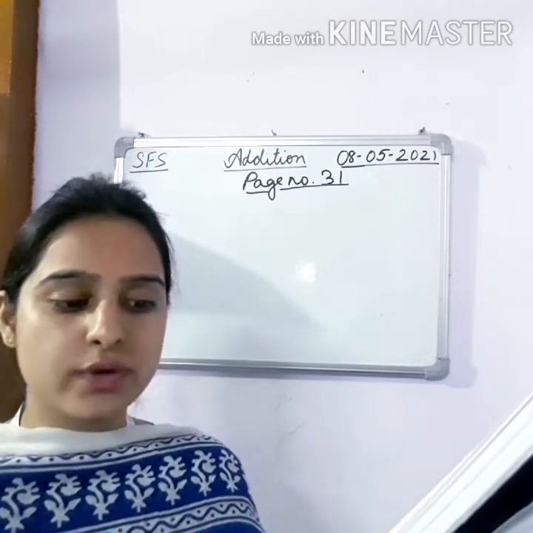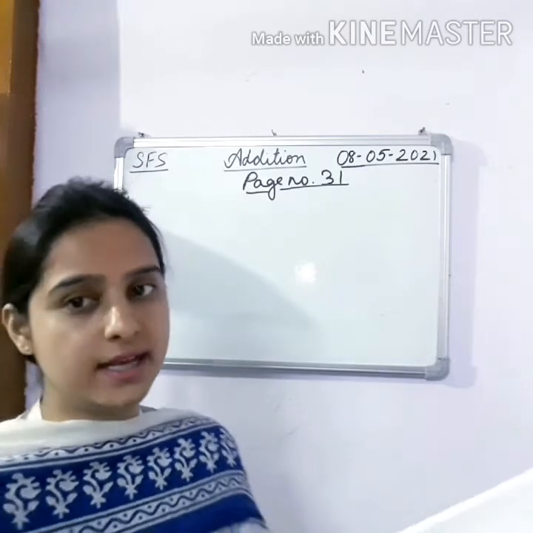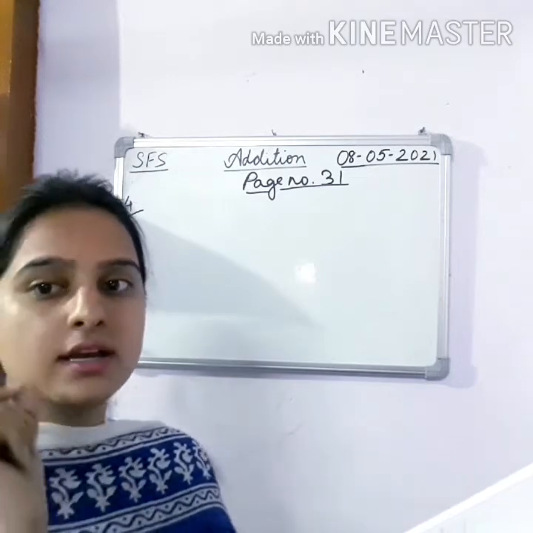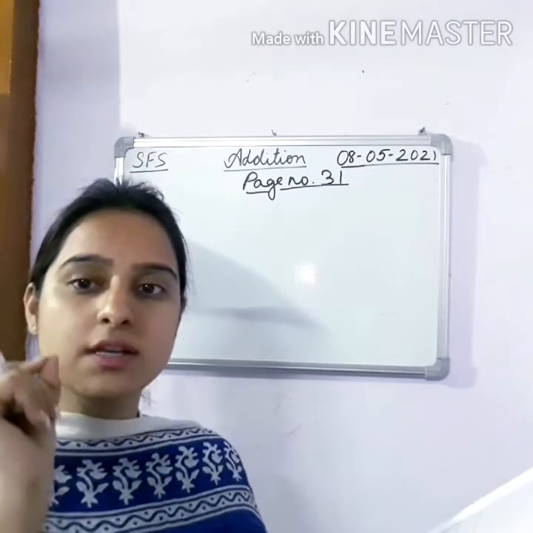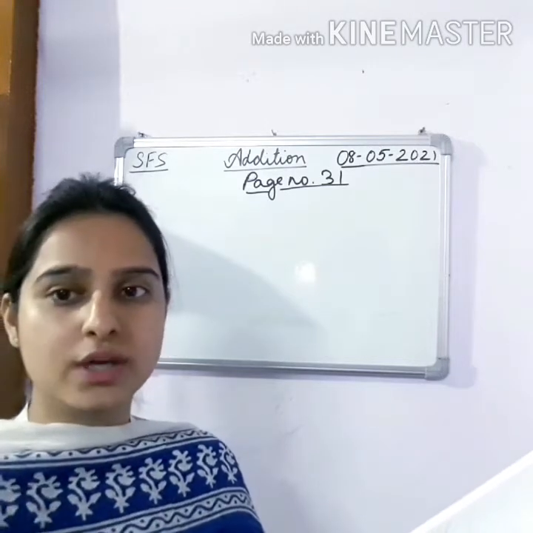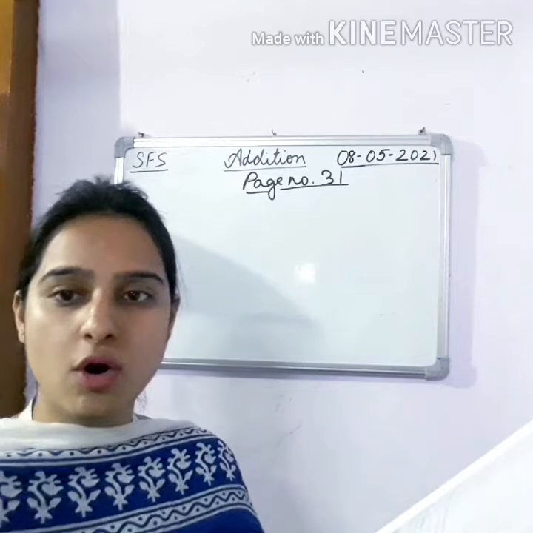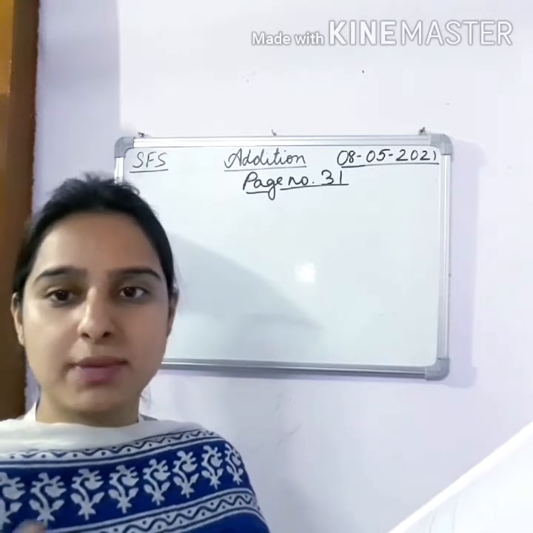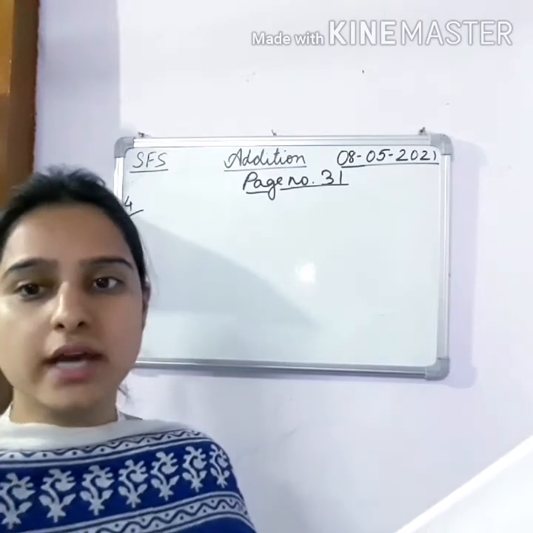How many tickets were sold in all on Sunday? What word is here, children? In all. When the word in all is there, what do we have to do? Addition. Okay? All together, in all, when these words are there in the application based questions, we do addition.